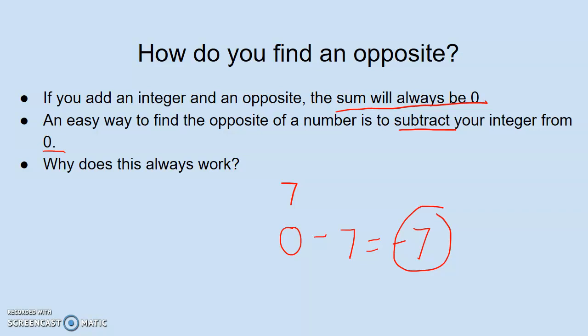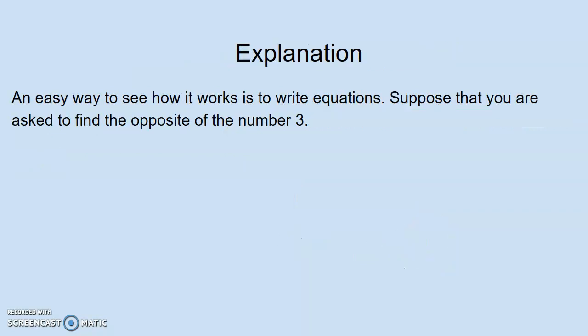Now why does this always work? An easy way to see how this works is to write equations. Suppose that you are asked to find the opposite of the number 3. Like we said before, the two opposites added together are 0. So 3 plus its opposite, which we're going to represent as a question mark, is equal to 0.